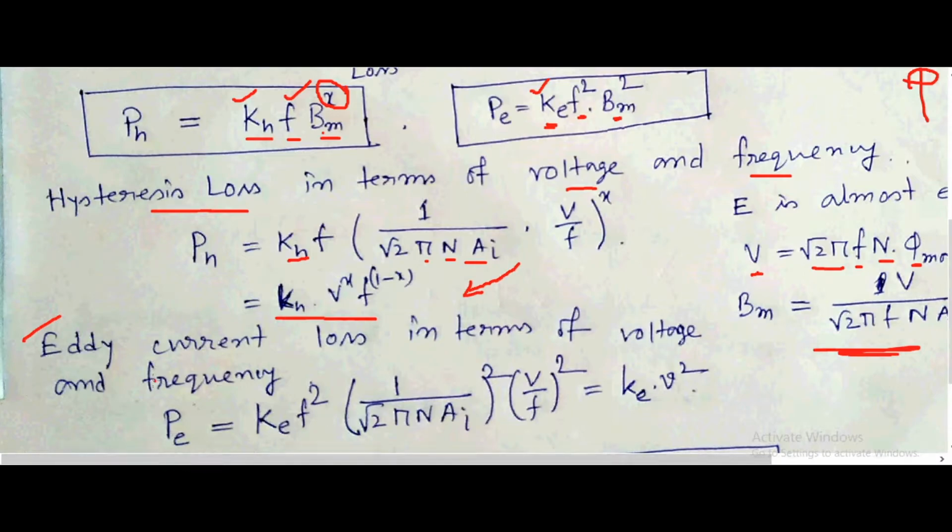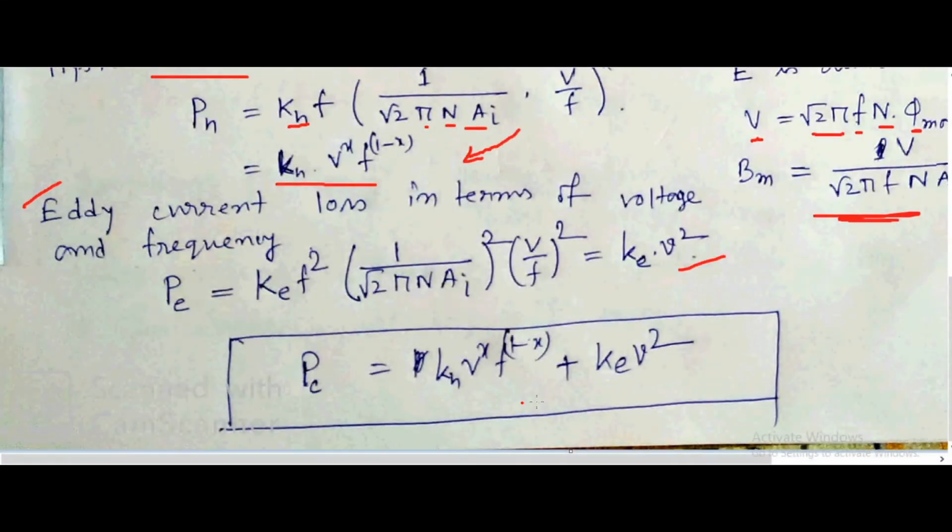So eddy current loss is independent of the supply frequency, but it is proportional to the square of the supply voltage. Finally we get this equation, core loss in terms of voltage and frequency, with the two components: the hysteresis loss and the eddy current loss.